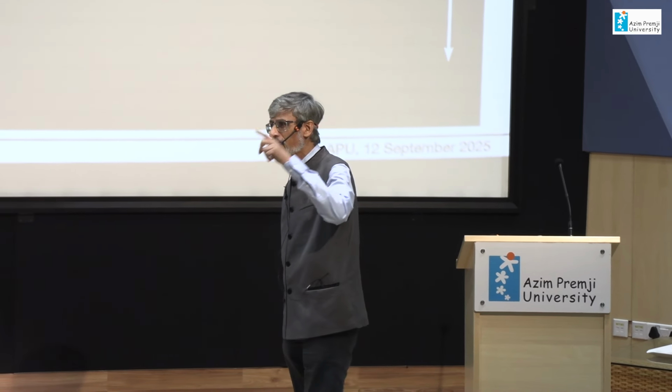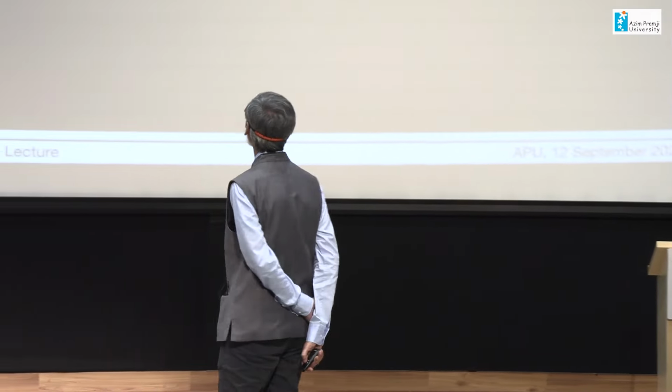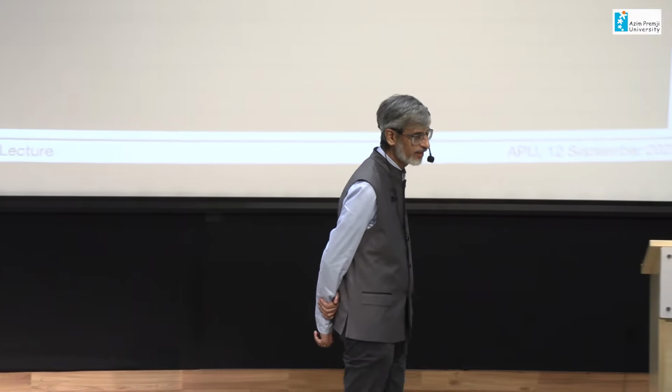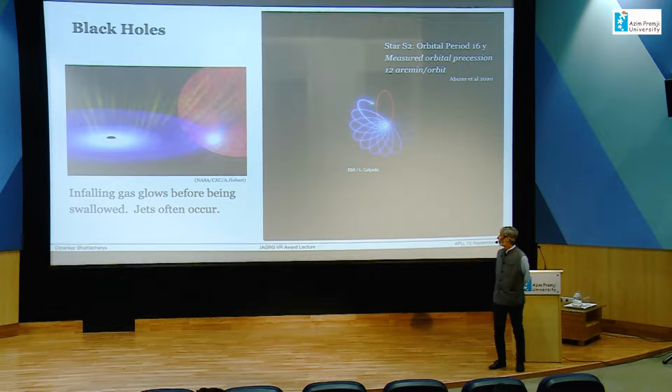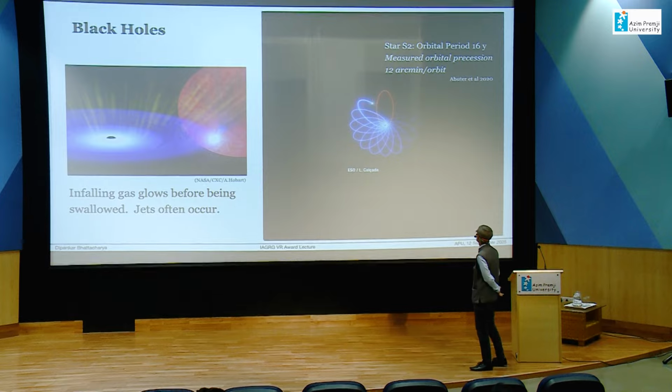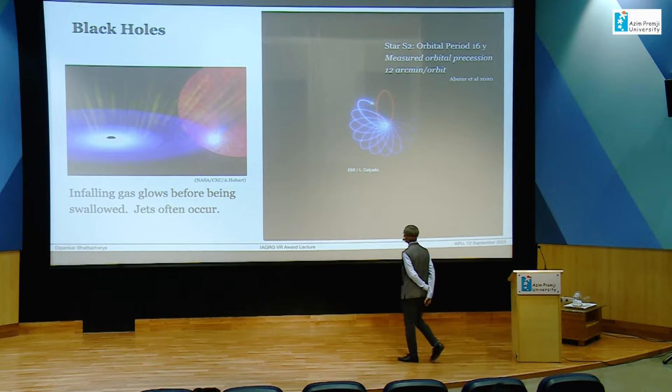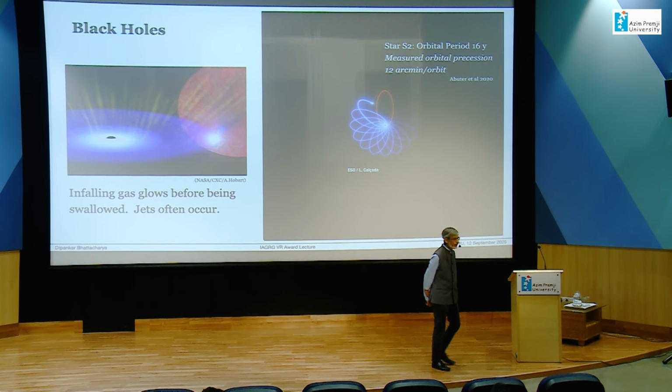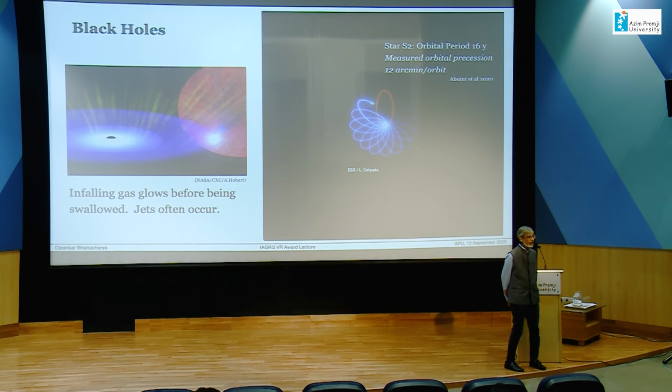Every orbit is displaced with respect to the previous orbit a little bit, like that. This displacement in this case is about 12 arc minutes per orbit. And this is a characteristic of a relativistic effect.